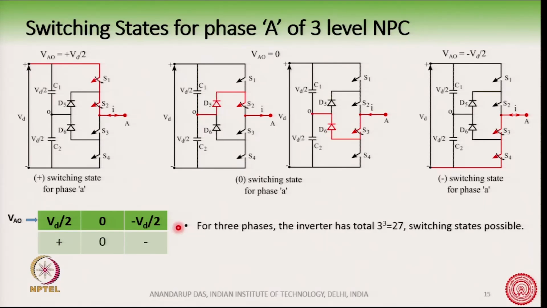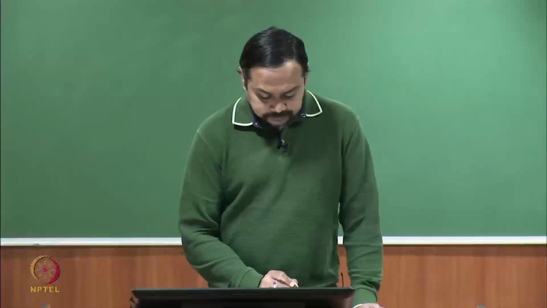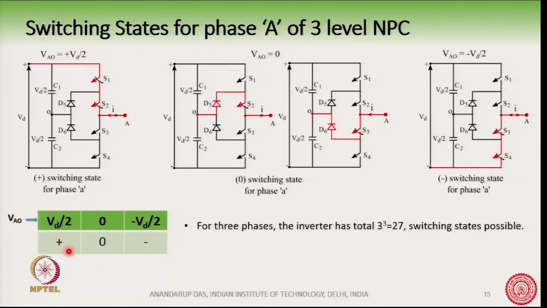These are the 3 possible voltage levels at the point A with respect to the point O. These 3 voltage levels are denoted by plus, 0 and minus in the subsequent discussion. We have already covered the directions of current which flow when these different switching states are used.